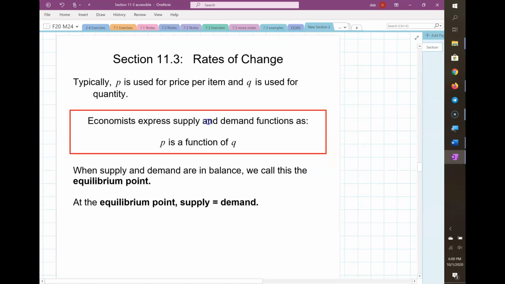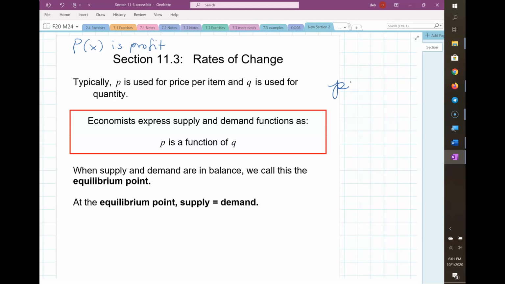So typically, lowercase p is used for price per item. So we use an uppercase P is profit. So make sure you can see the difference. I use a cursive lowercase p for price per item so that it looks really different from my profit function.